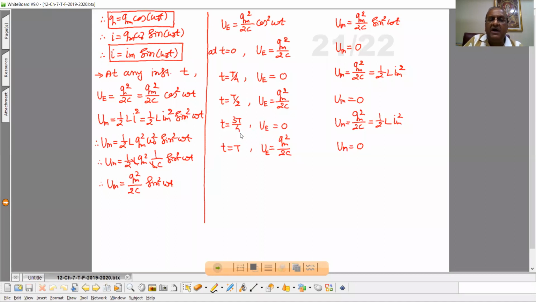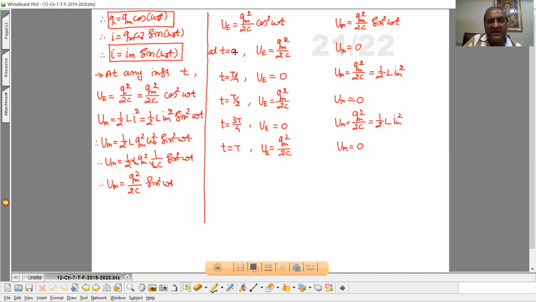Again at 3T by 4, electric energy will be 0 and the total energy will be in the form of magnetic energy. And at time t equal to capital T, again we will get the total energy in the form of electrical energy.